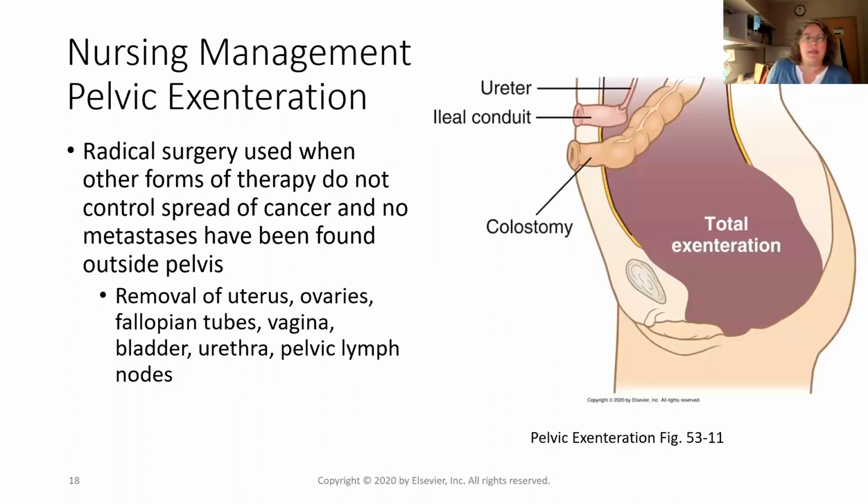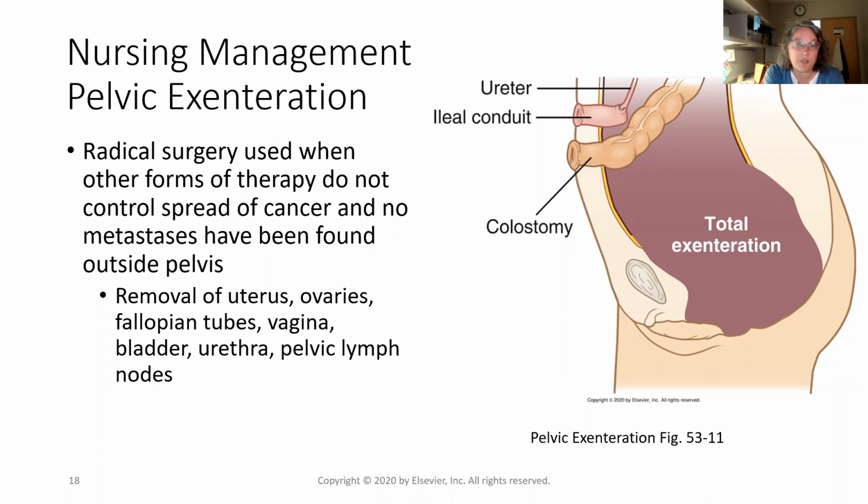If we have a cancer, there is a really, really extreme intervention. It's called pelvic exenteration. Pelvic exenteration is a radical surgery when other forms of therapy can't control the spread of cancer, and the cancer is limited to the pelvic area.